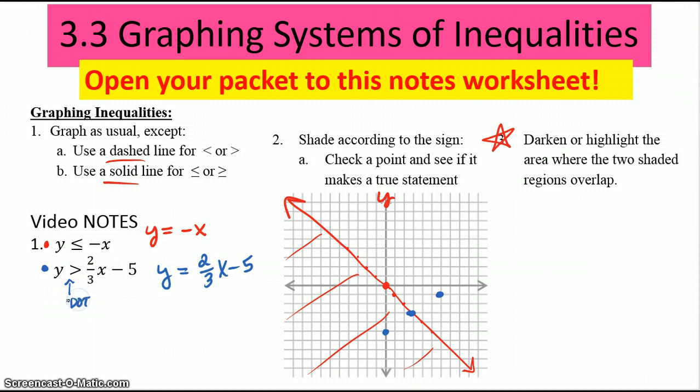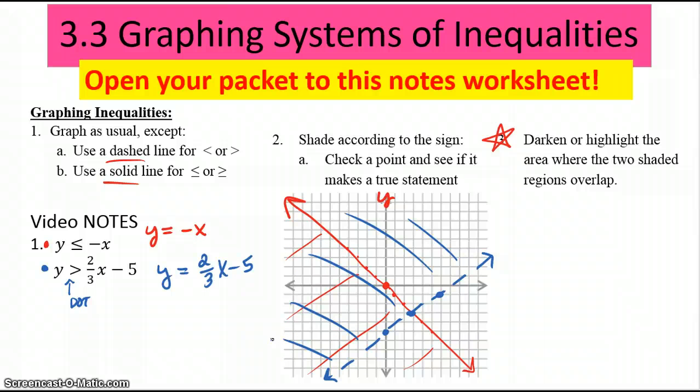So this is going to be a dotted line. So I'm going to draw that. Then I'm going to decide where to shade. I want the y's bigger than the line. I want the y's up here greater than the line. So only paying attention to the blue, that's the part that I want.